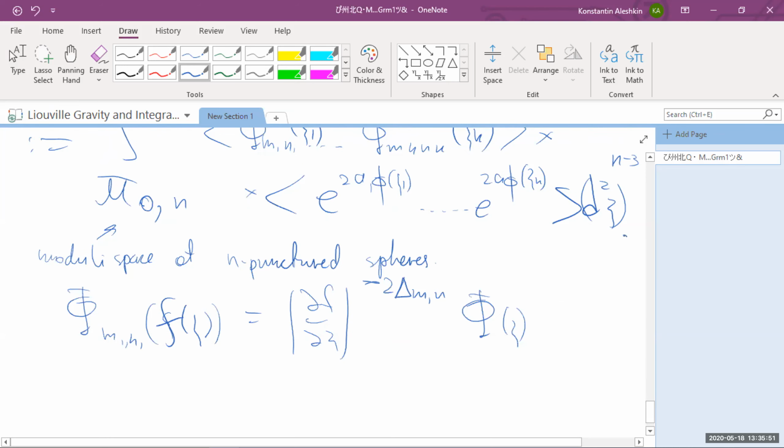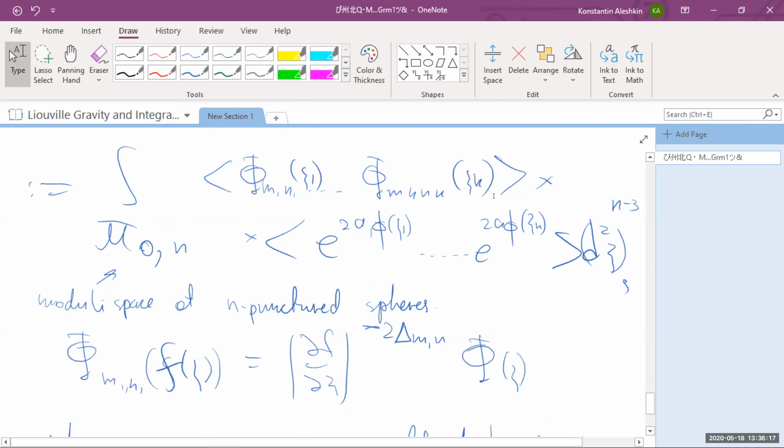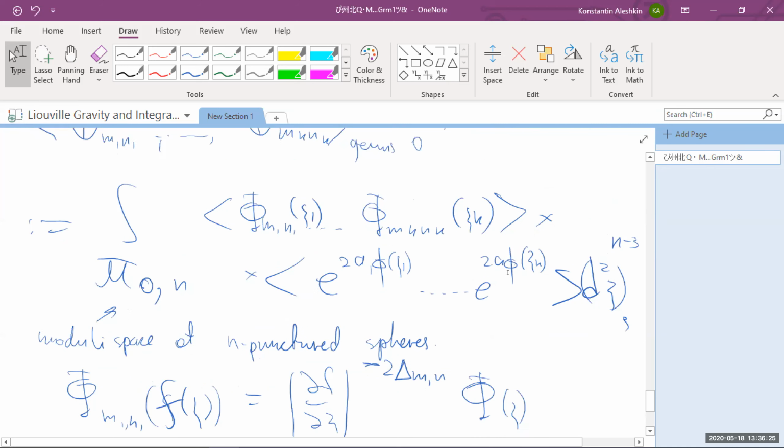Here a1 up to an, the indices of these Liouville fields, are defined by m1 and n1. There is some simple formula, which basically forces this expression to be a density, like a density of a differential form on the moduli space of curves.